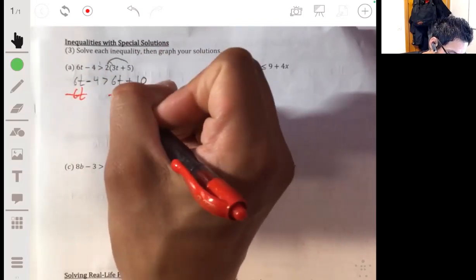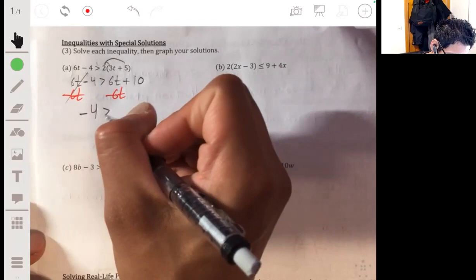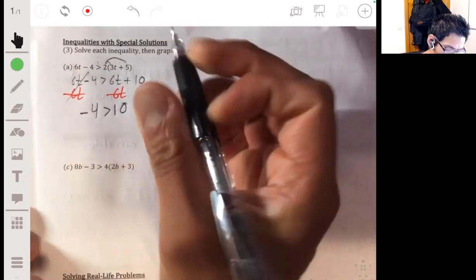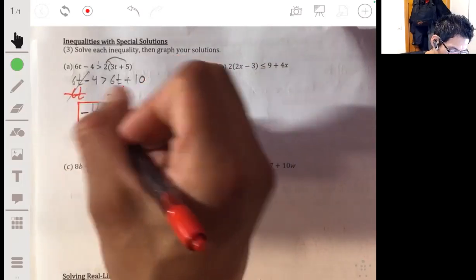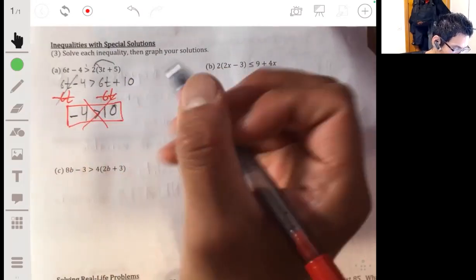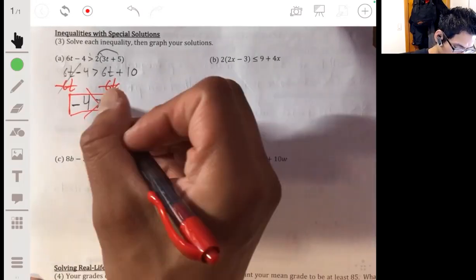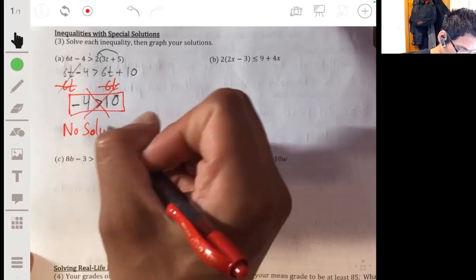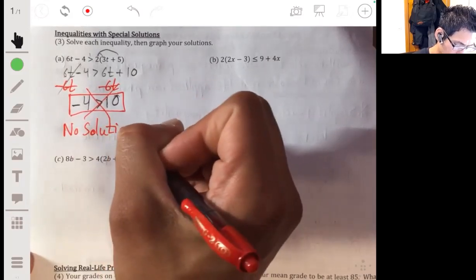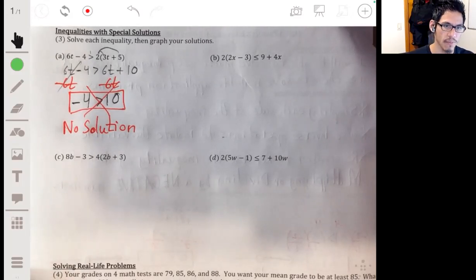So if you subtract 6t from both sides, you get negative 4 is greater than 10. And negative 4 is not greater than 10. This is not true. It's fake news. So if you get an inequality that's not true, there's no solution. That means that there's no value for the variable that will make the inequality true.